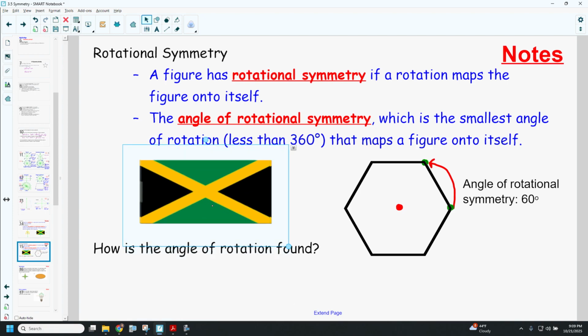Okay, and then on the right here, I've got a hexagon. I'm just looking at the hexagon, ignore the writing and the arrow to the left. Okay, we're going to say this hexagon has rotational symmetry of 60 degrees. Now, how do we get that? That's the question. Okay, I can turn this. Now it's the same. That's one turn. I can do another turn.